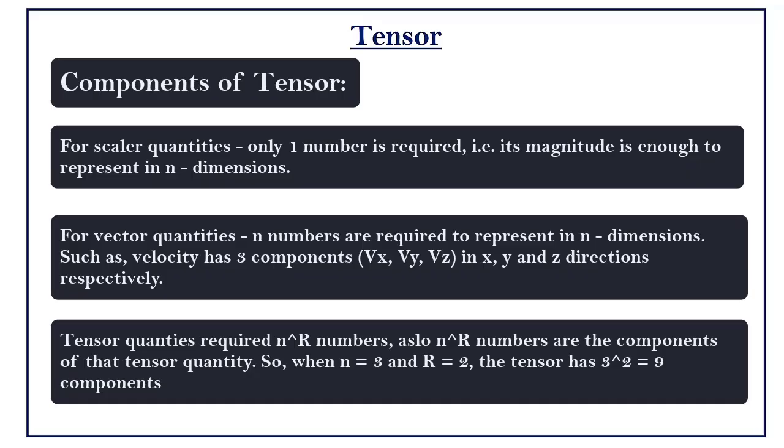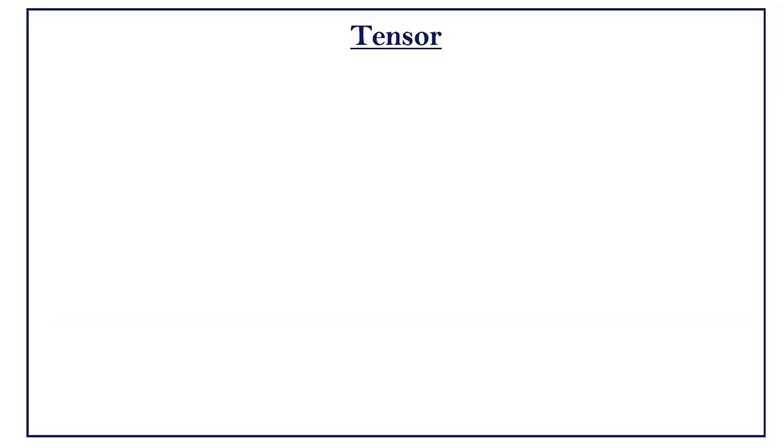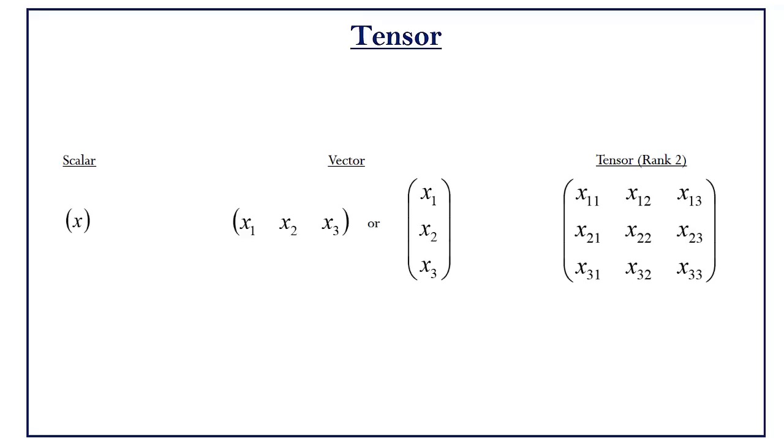In three-dimensional space, they look like this. From the above expressions, you can see that in a three-dimensional space, a vector quantity has only 3 components, but a second-order tensor has 9 components. So you decide what you call tensor quantity, father or grandfather of vector quantities.